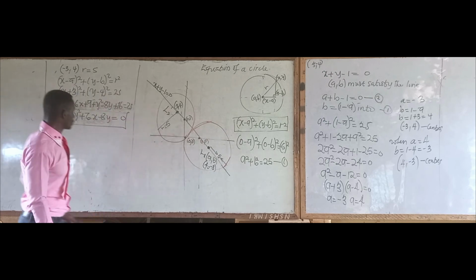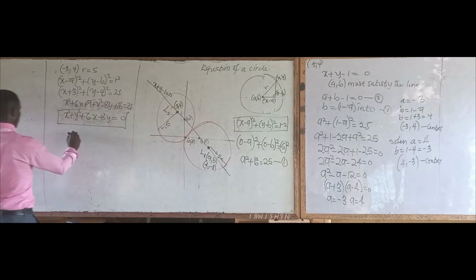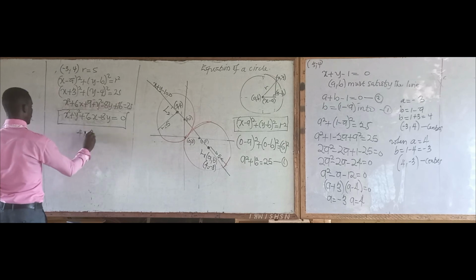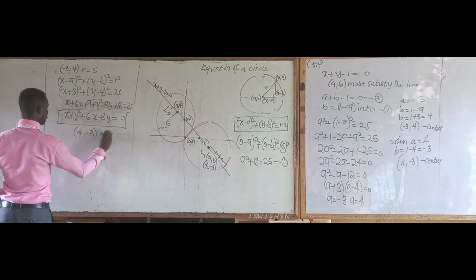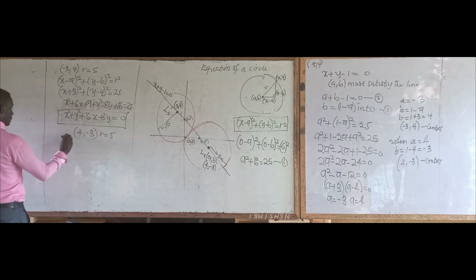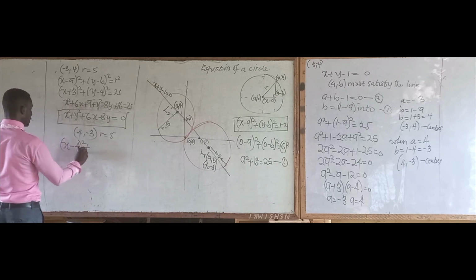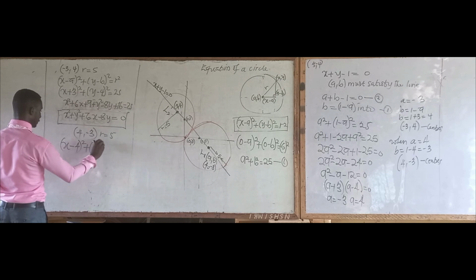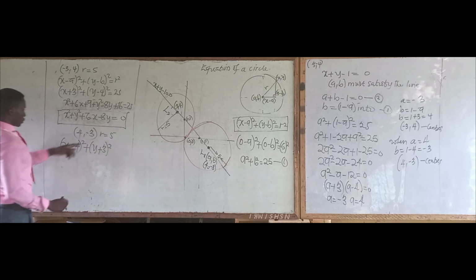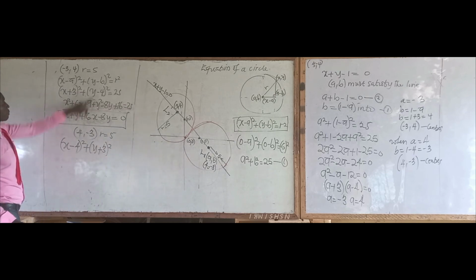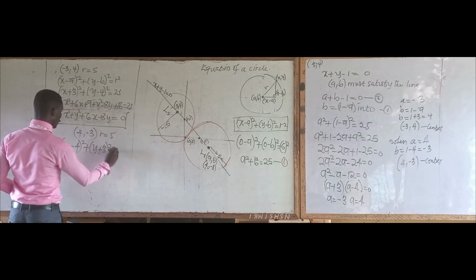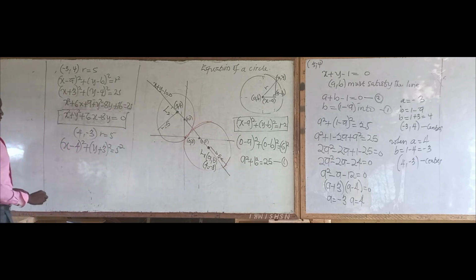Now for this one too, with center 4, negative 3 and radius 5. It will be x minus 4 squared plus y plus 3 squared, because this is negative so it will become positive, is equal to 5 squared, which is 25.